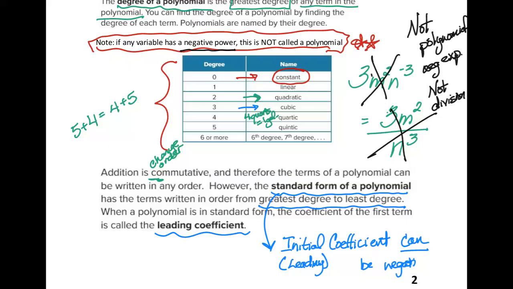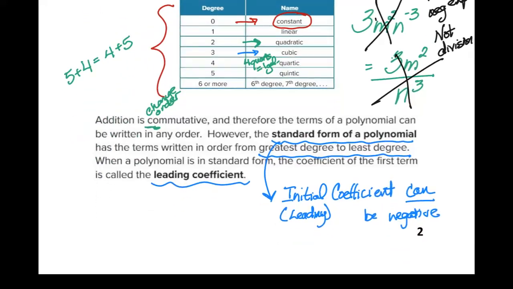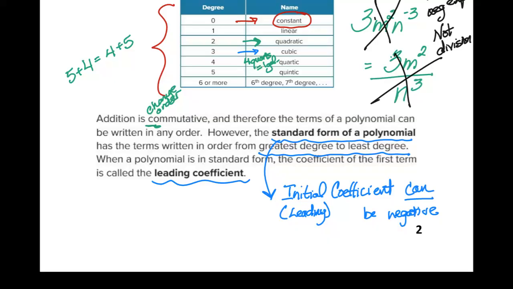But in standard form of a linear, it cannot be negative. Remember we talked about A having to be positive. So the initial coefficient, the leading coefficient, can be negative.